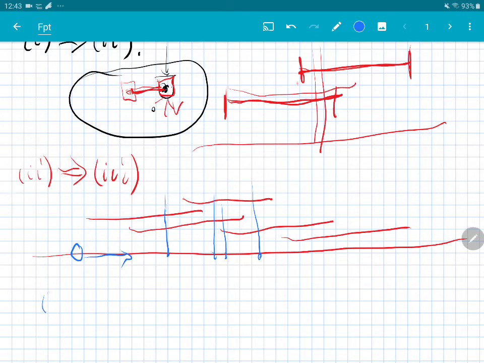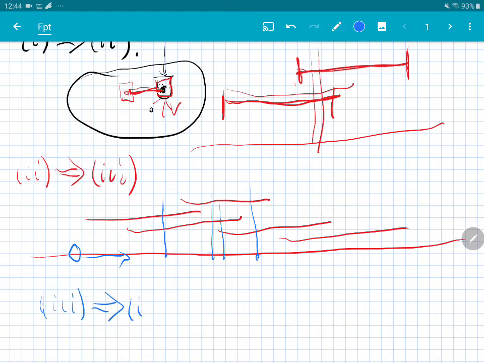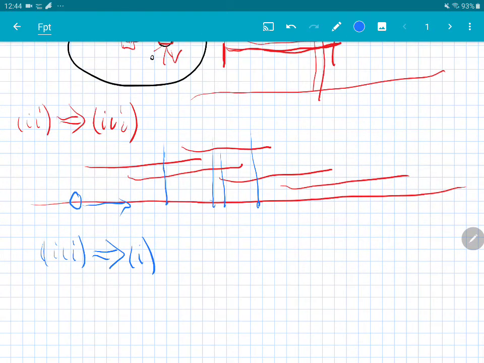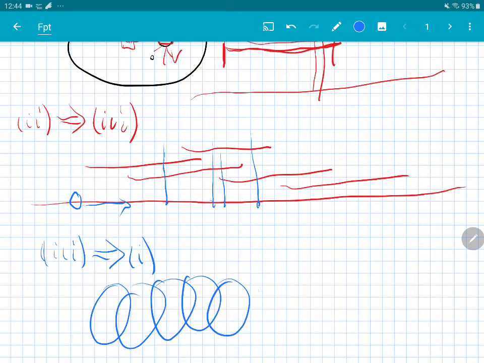3 implying 2 is also easy. 3 implying 1 is also easy, right? Because what is 3 implying 1? It means we have a path decomposition of path width k. We have this path, and it covers the graph.